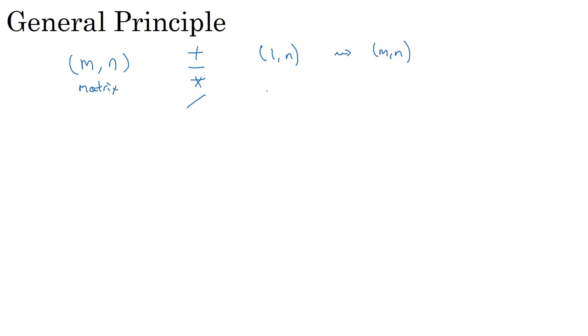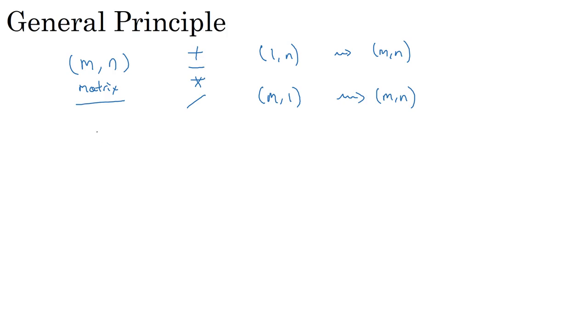If conversely, you were to take the m by n matrix and add, subtract, multiply, or divide by an m by 1 matrix, then also this will copy it now n times and turn that into an m by n matrix and then apply the operation element-wise.